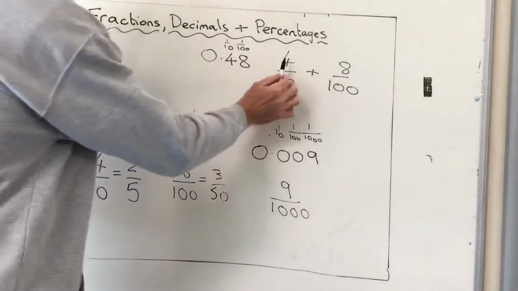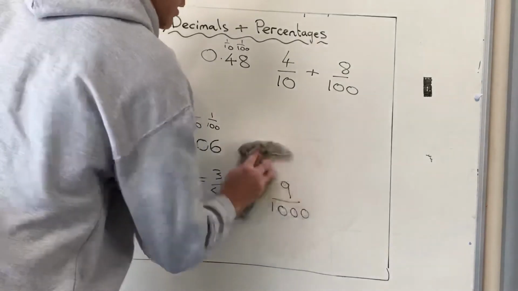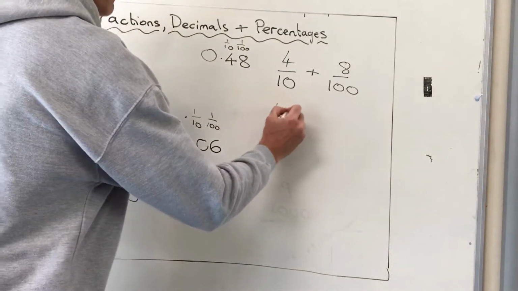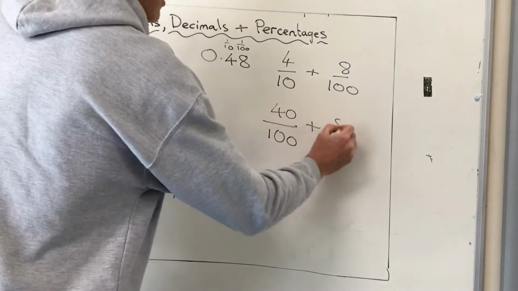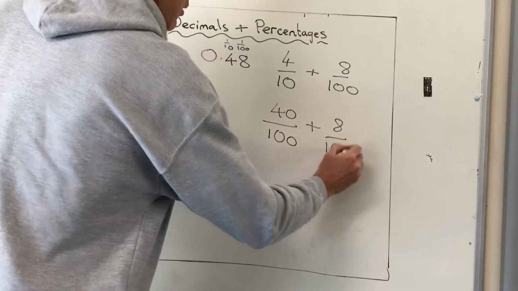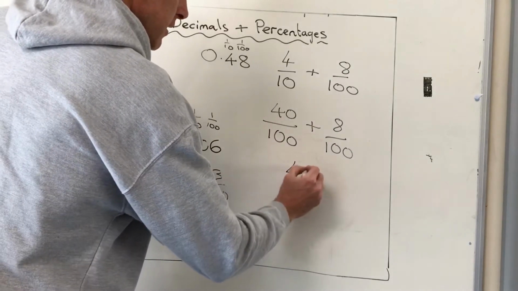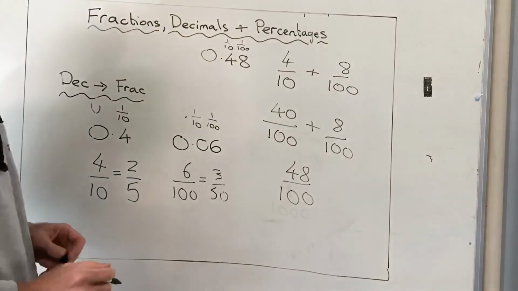Well, 4/10 is the same equivalent as 40/100ths, and you've already got 8/100ths, so we can simply say 40 plus 8 is 48/100ths.